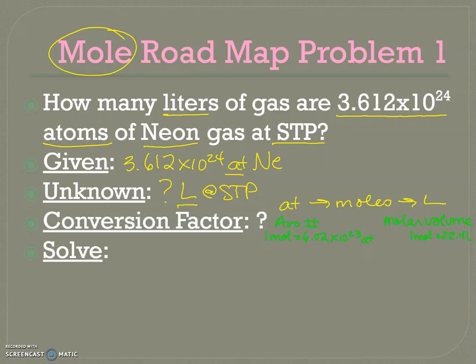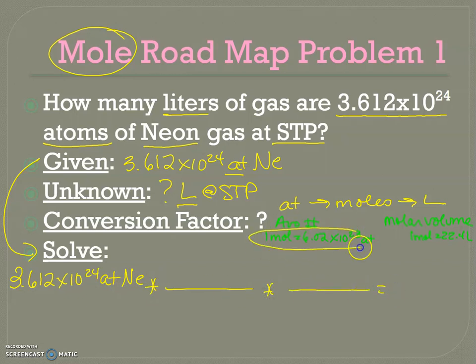So when we go to solve this, we start with the 3.612 times 10 to the 24th atoms of neon. And since I have two conversion factors, I have to make two of these dimensions. And then I place them just like I did the multi-step dimensional analysis in the previous chapters.